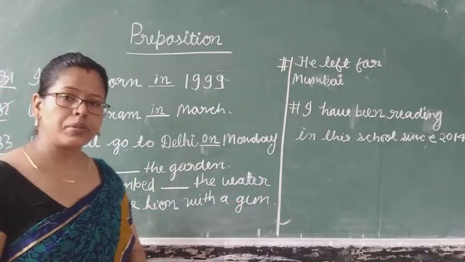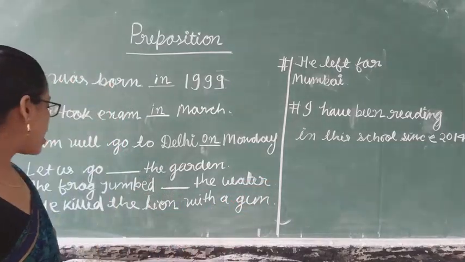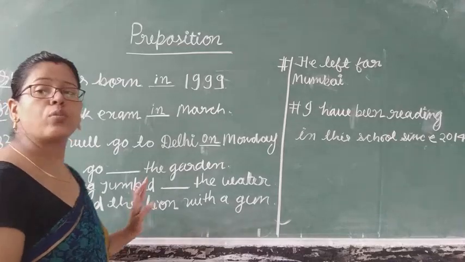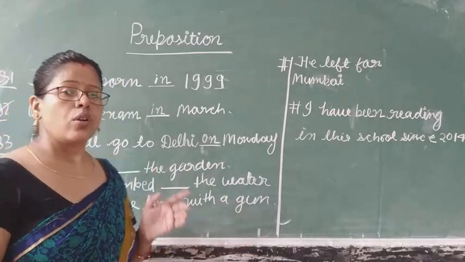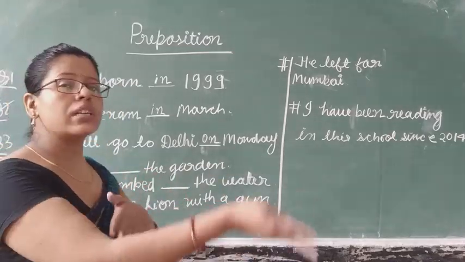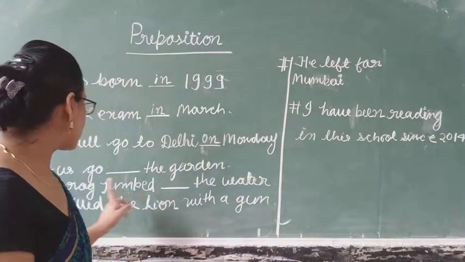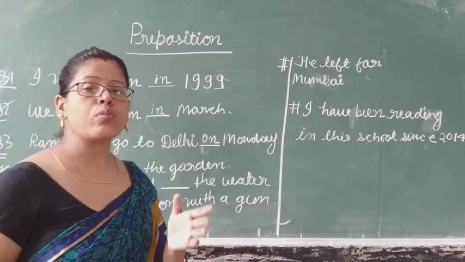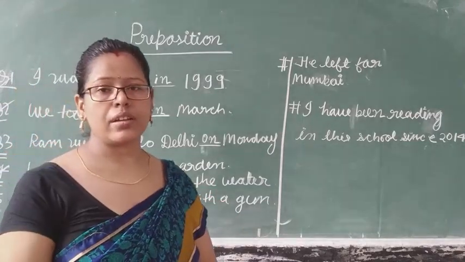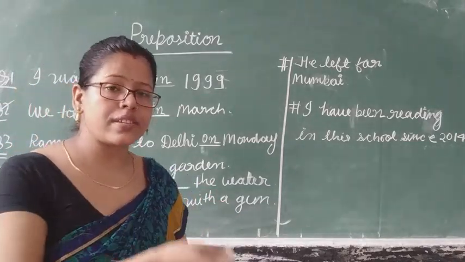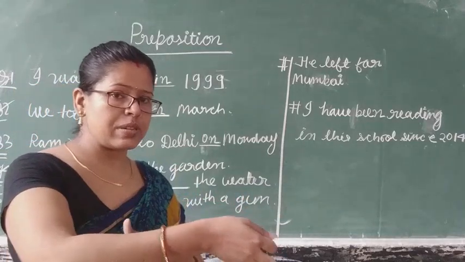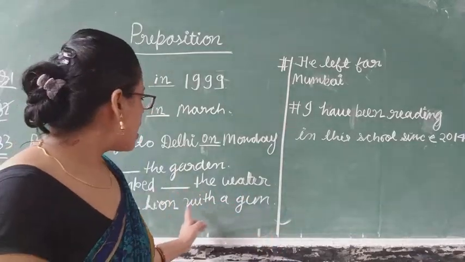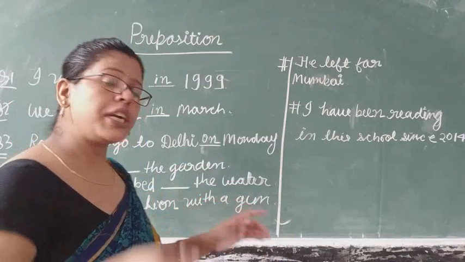We are getting some kind of motion, from one place to another place. यहाँ पे एक मोशन का हमें इंडिकेशन मिल रहा है. मोशन मतलब एक जगह से दूसरे जगह जाने में कुछ चेंजेस आ रहा है. जैसे फ्रॉग पहले बाहर था and it just jumped into the water.